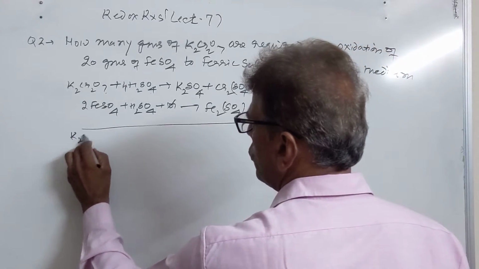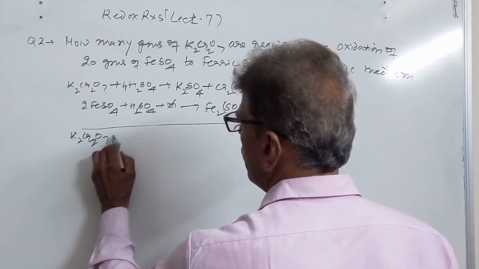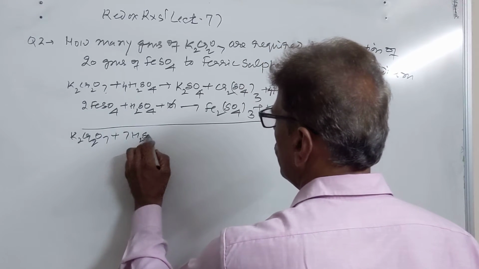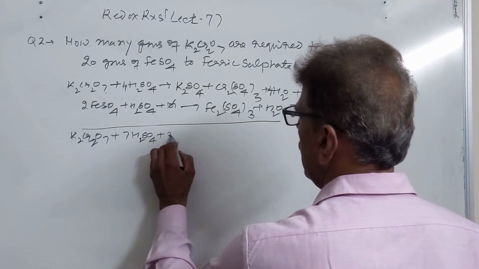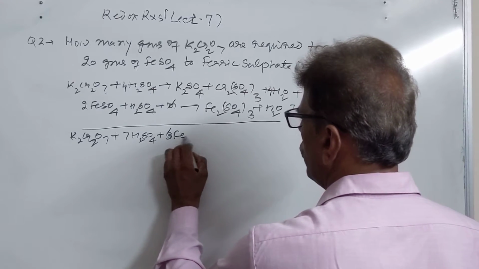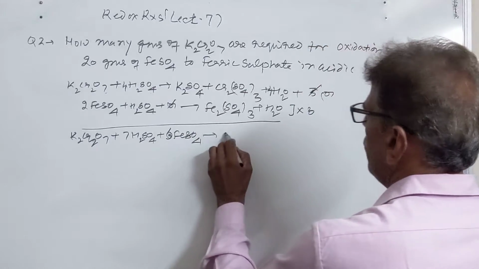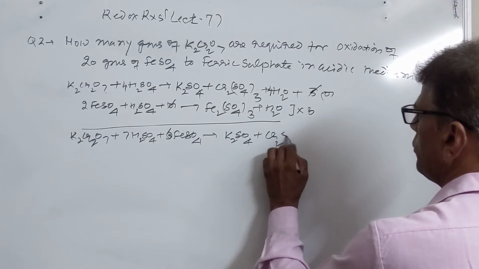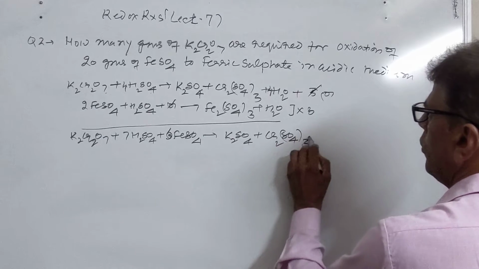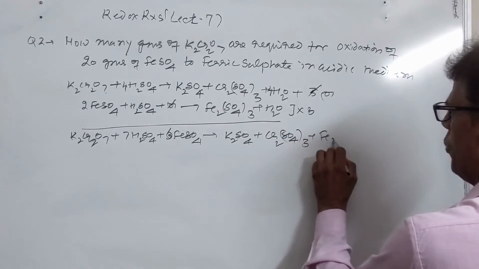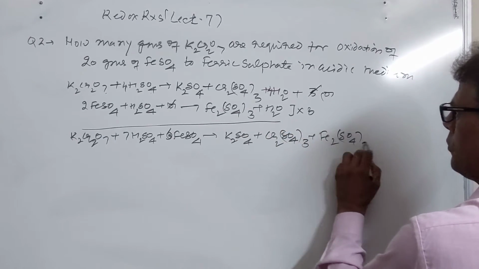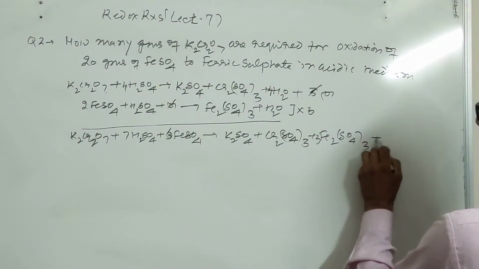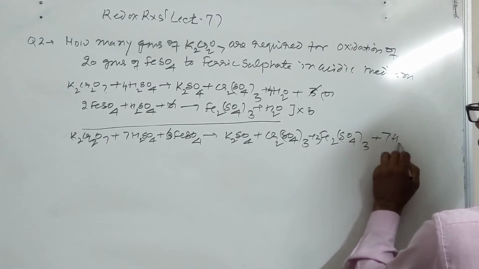We have K2Cr2O7 plus 7H2SO4 plus 6FeSO4, and we get K2SO4, Cr2(SO4)3, plus 3Fe2(SO4)3 plus 7 water.